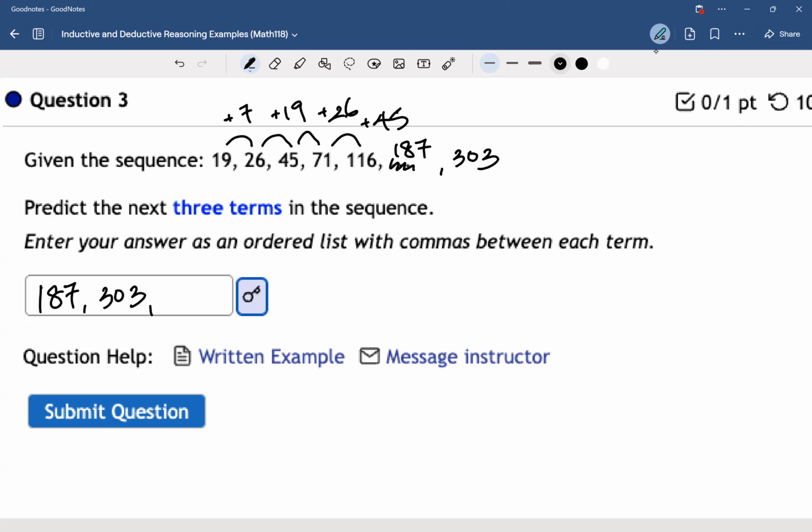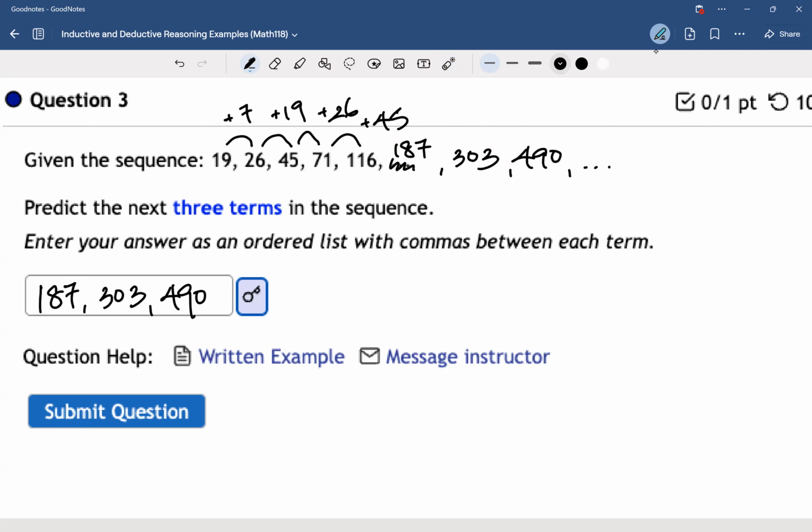And now to get the last one I want, I'm going to add my 187 and my 303. And when I do that, I end up with 490. And I could keep going, but this question only asks us to find the next three terms in that sequence.